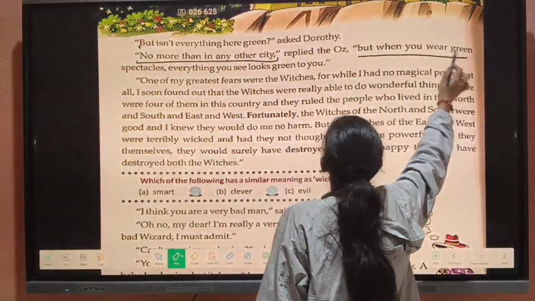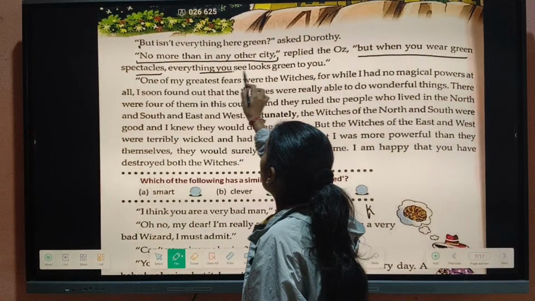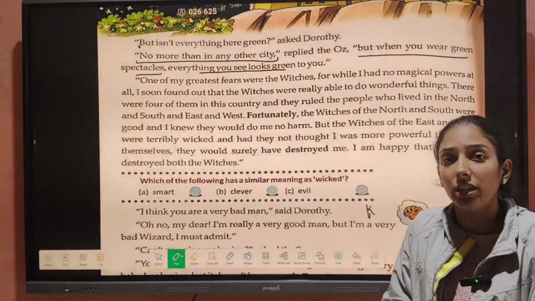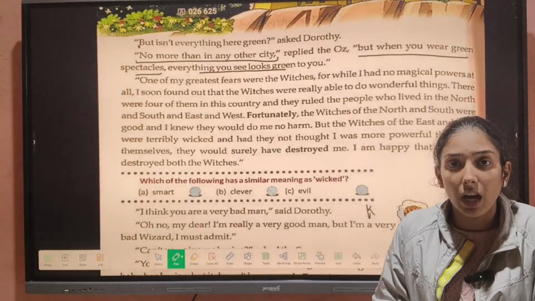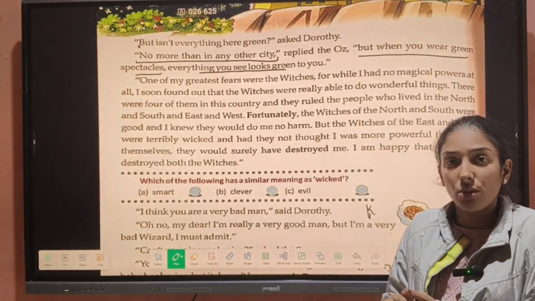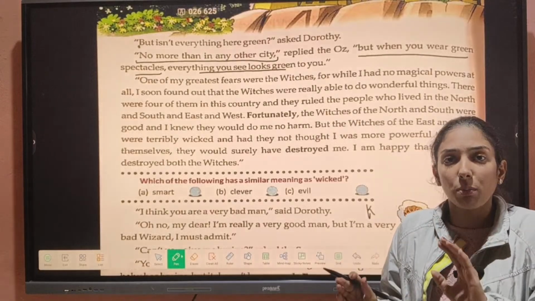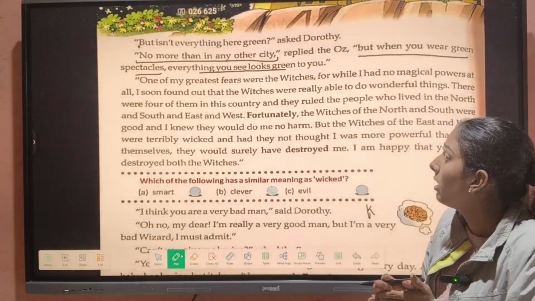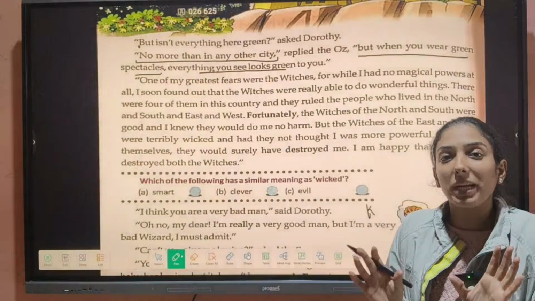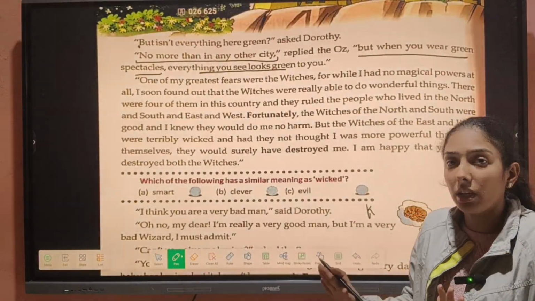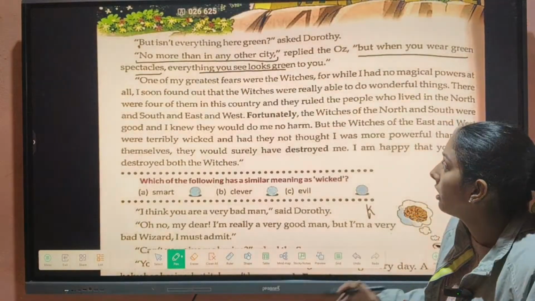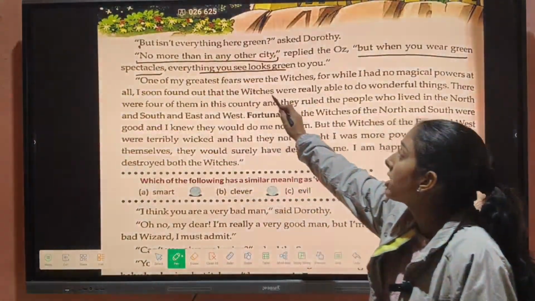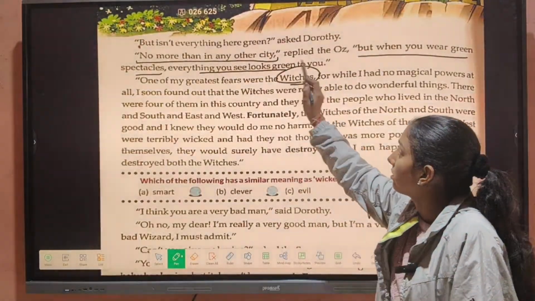"But when you wear green spectacles, everything you see looks green to you." He's saying that no, this city is not looking green. It is normal. Plants are also normal. But when you wear green spectacles, it will look like everything around you is green in color, whether it is green or not. Clear?